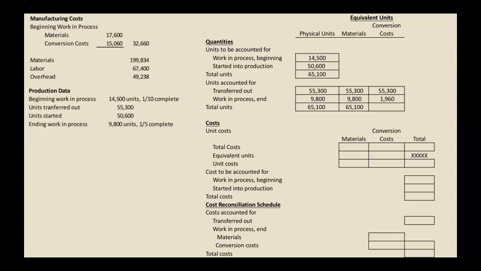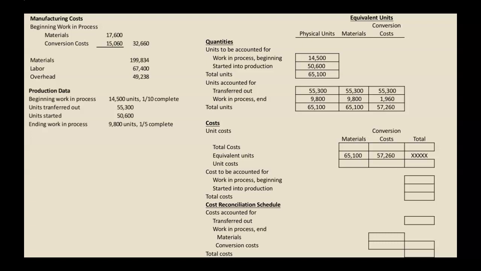So if we take 9,800 divided by 5, we will get that 1,960. Now we add our transferred out and ending work in process, and we get our equivalent units for conversion costs of 57,260. Now you'll notice those equivalent units also went into that next section under the unit cost portion. So we're finding these equivalent units, that way we can figure out unit costs here next.